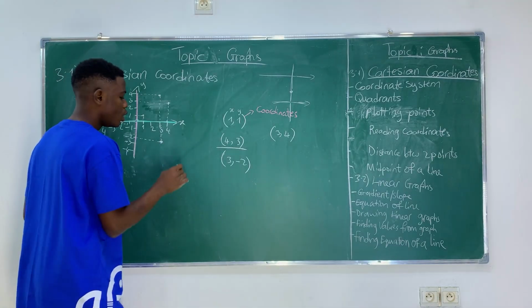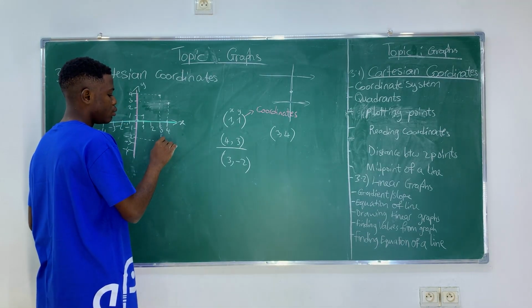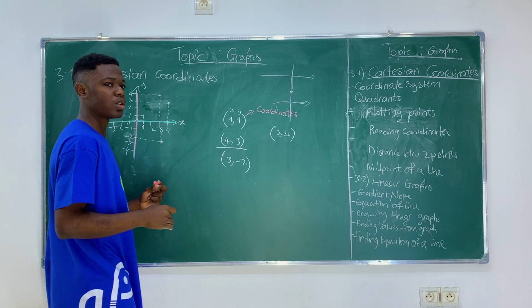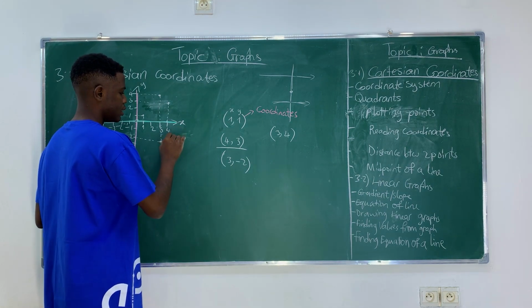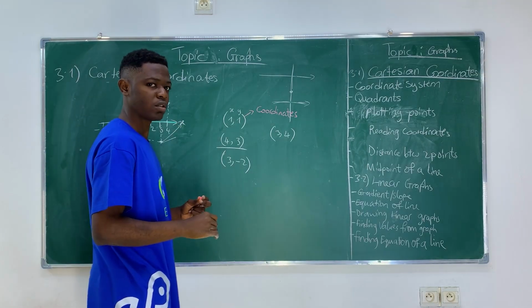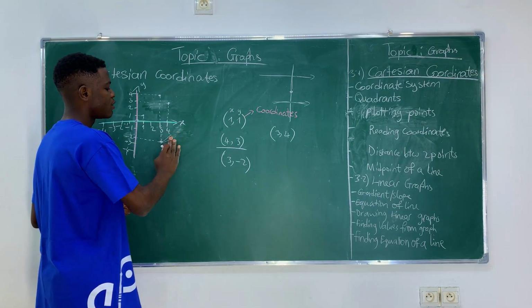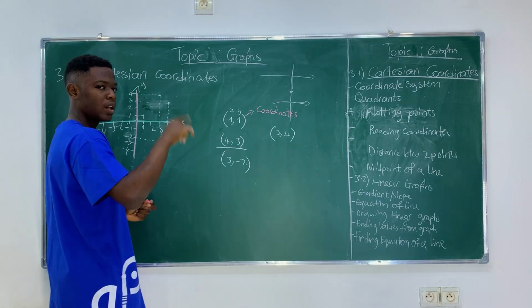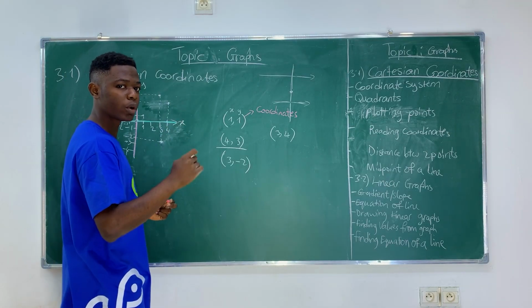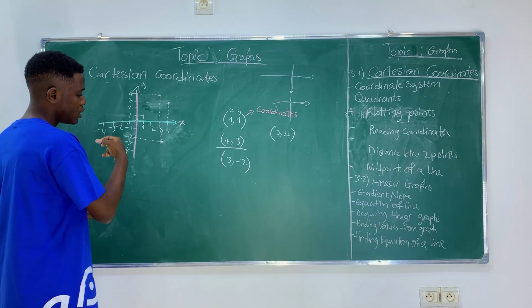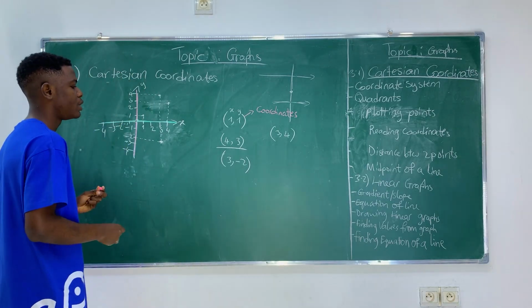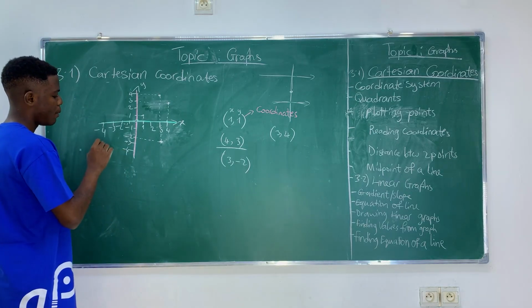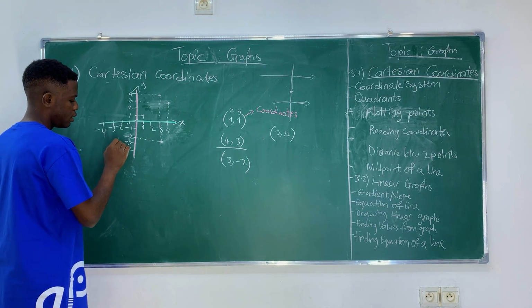So what I mean is that you cannot be looking for the coordinate of a point and maybe do like this to have the value and say it is this. No, you always have to go vertically upward or downward, and horizontally, either leftward or rightward. So that is how you read one of these points here.